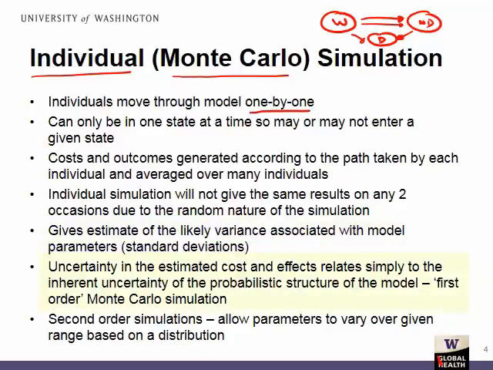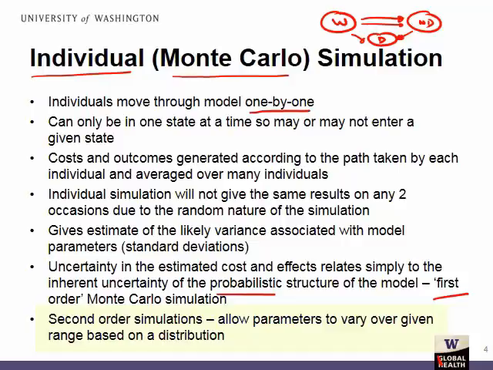Now, the uncertainty in the estimated costs and effects relates to just the inherent probabilistic structure of the model, and this is called first-order simulation or first-order Monte Carlo simulation. Although it's beyond the scope of this class, there are also second-order simulations, which allow parameters to vary over a given range based on a distribution.